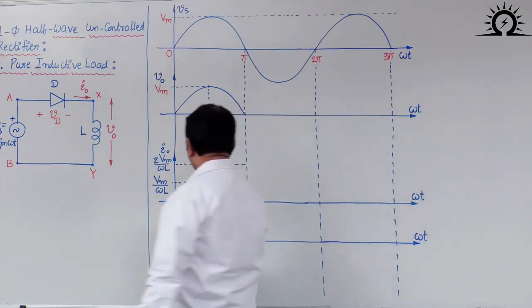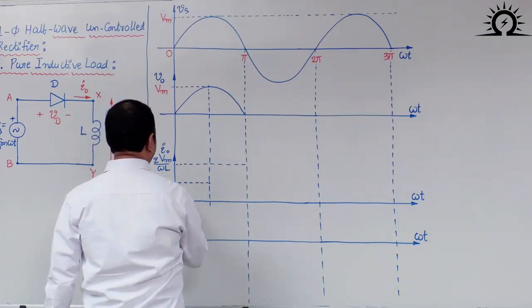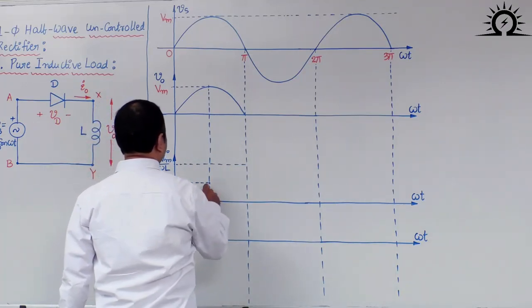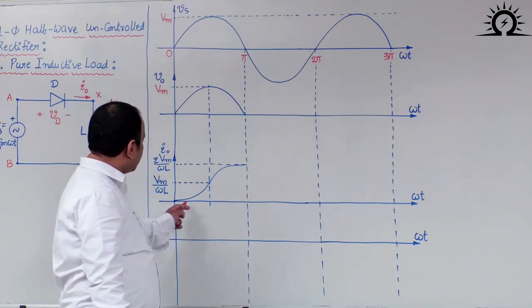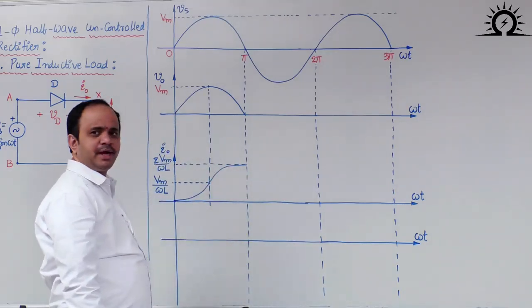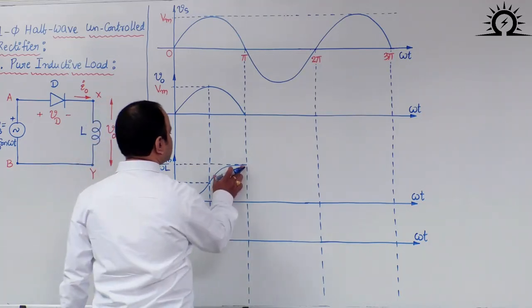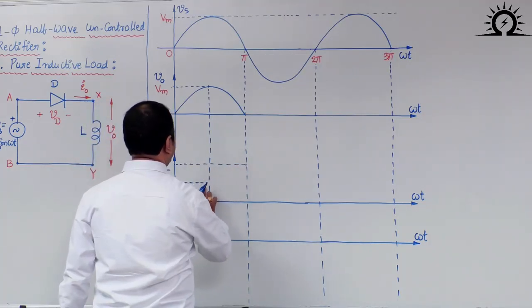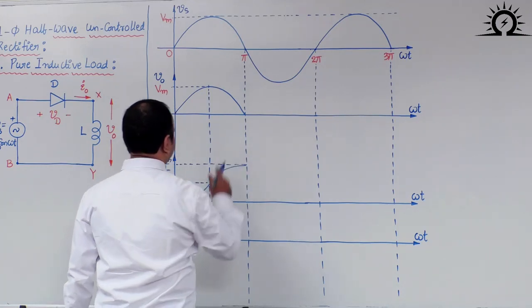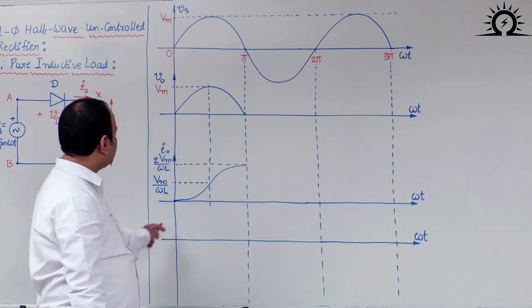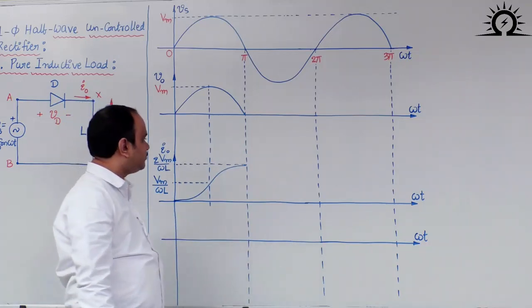So you should join these 3 points with a smooth curve. It looks like this. Okay, Vm by omega L multiplied with 1 minus cos omega t waveform will be like this.